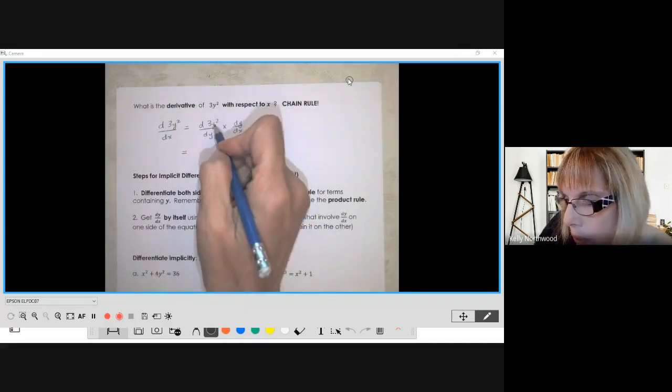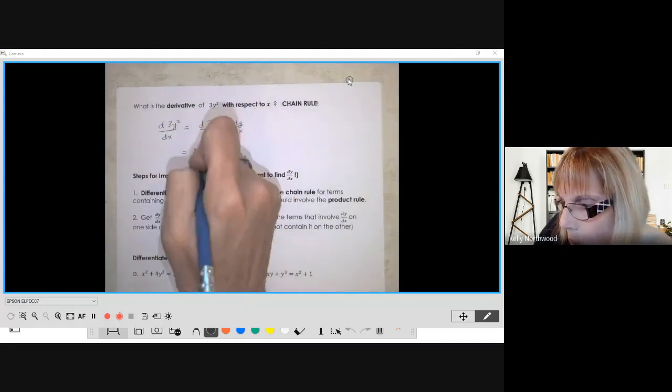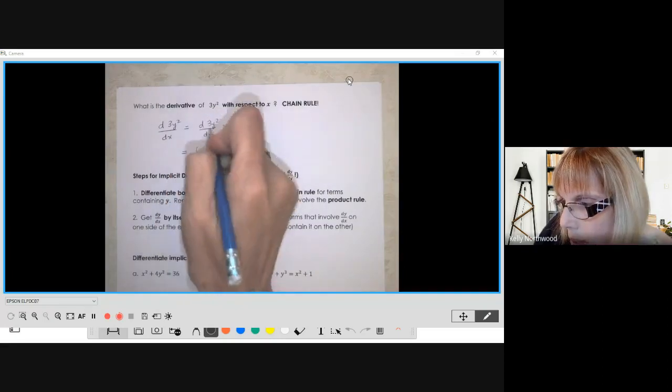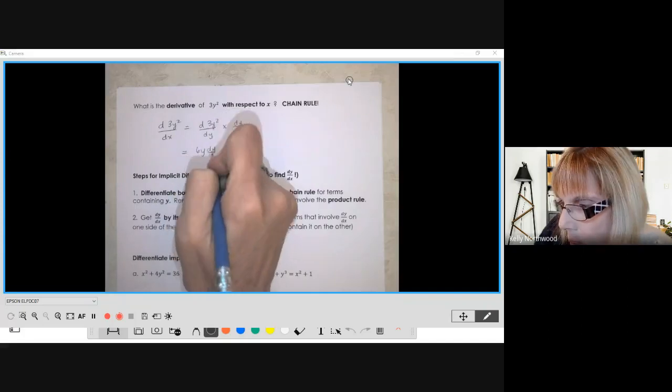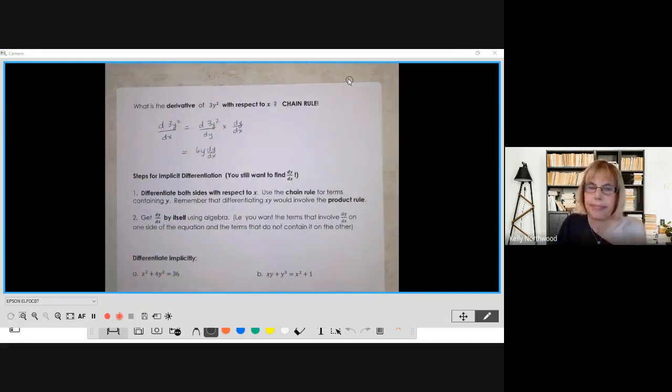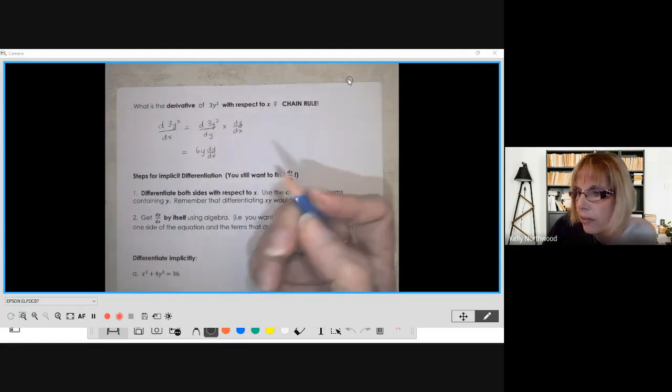And then the derivative of 3y squared with respect to y is 6y, using the power rule. But then that's multiplied by dy/dx. So that's kind of like writing it out in long form.